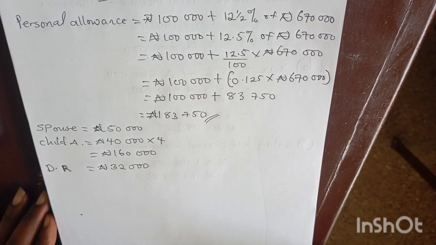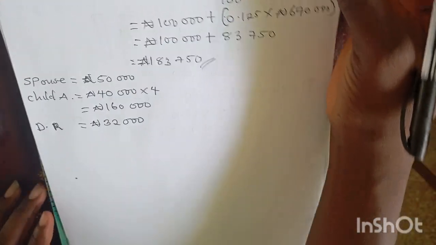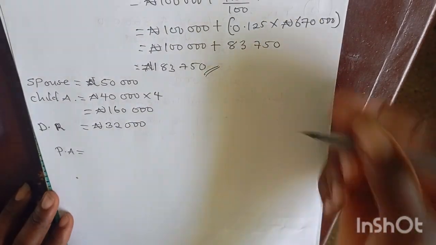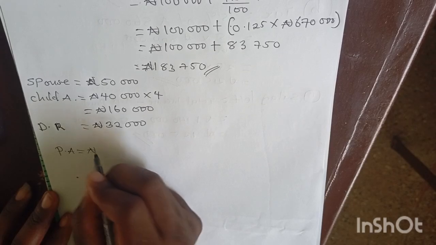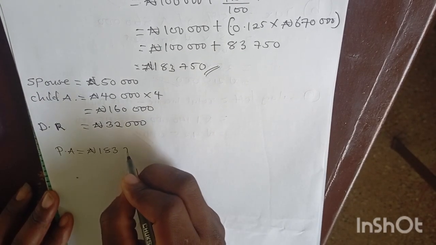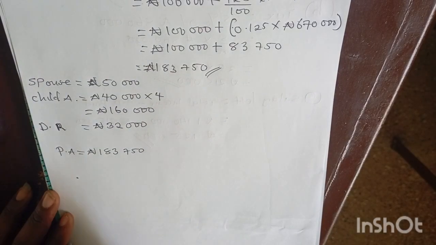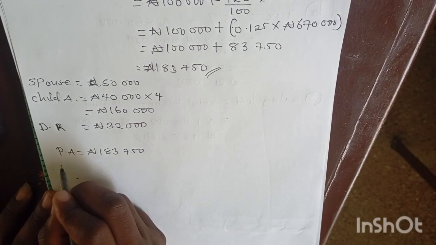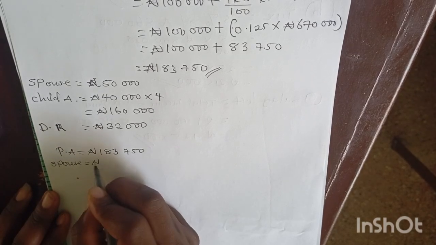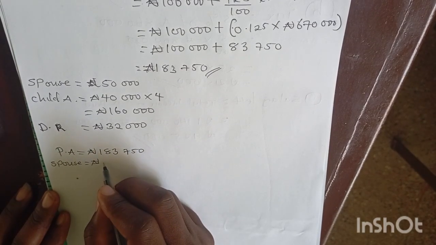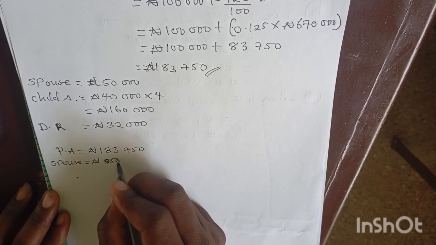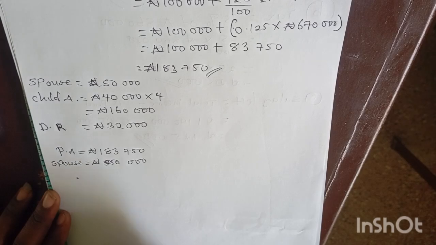So now, let's rearrange this. Personal allowance is equal to 183,750. Then we are having spouse, which is equal to 50,000.